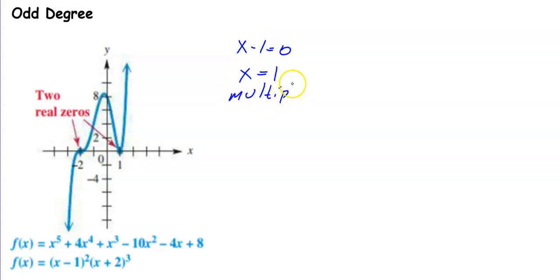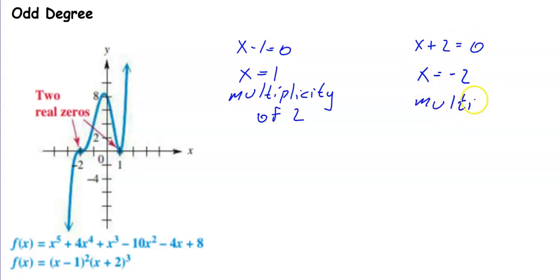That means 1 is a double 0. And then we have x plus 2 equals 0, so x equals -2, and that has a multiplicity of 3. And I know that by the powers on the factors. Right there it said we should have 5 zeros, and I do.